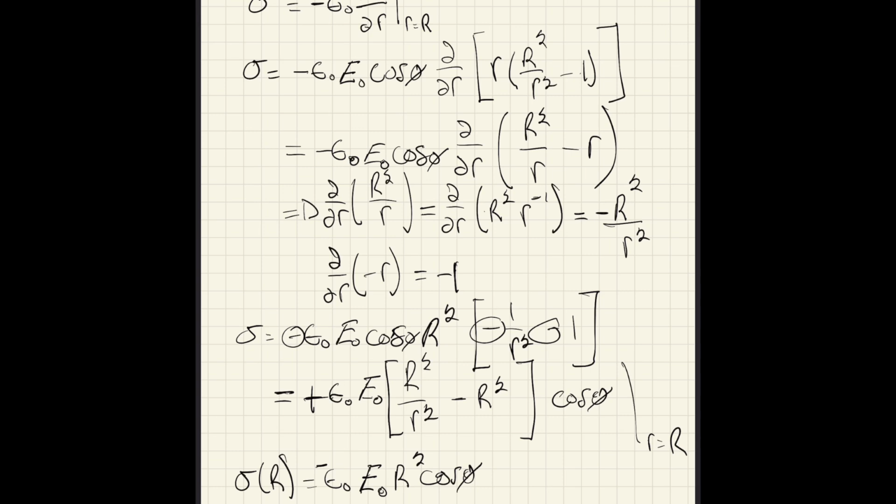Or did I? Oh, you know what? I think this r squared factor here. Yeah, I pulled out this r squared, and it's only in the first term, and I didn't divide by r squared.